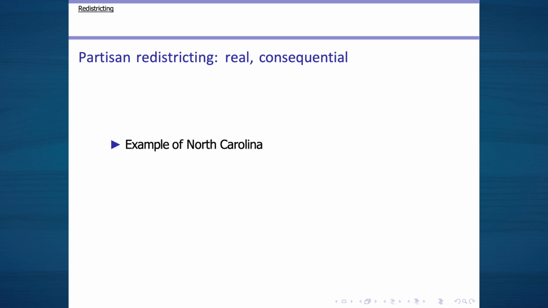So the partisan consequences of redistricting can be real and very meaningful. So for example, in North Carolina, redistricting at different times has been used by both parties. The Democrats had redistricted North Carolina after the 2000 census. And then, worried that they were going to lose control of the redistricting process, the Democrats, who still controlled the legislature and didn't anticipate that they would lose the legislature, changed the law so that the governor would no longer have a veto over the redistricting process.